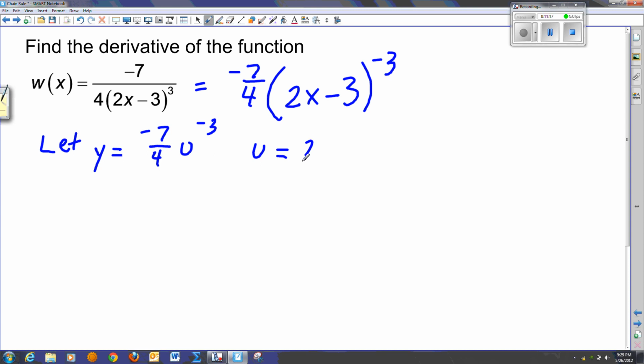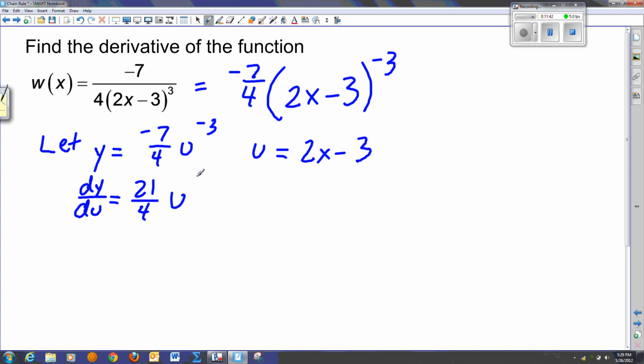So that's 2x minus 3. The derivative of y with respect to u, or dy/du, I'm going to multiply the -3 by the -7 over 4. Gives me a positive 21 over 4.